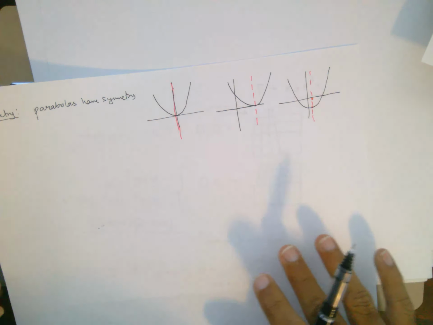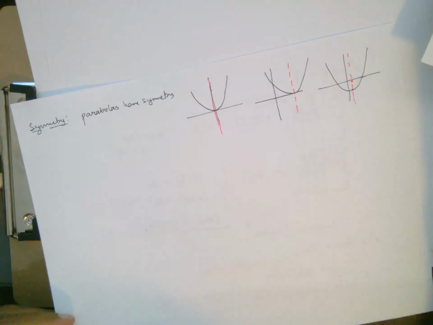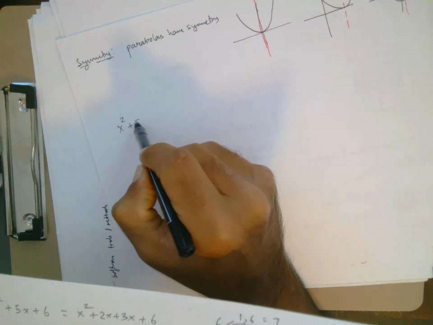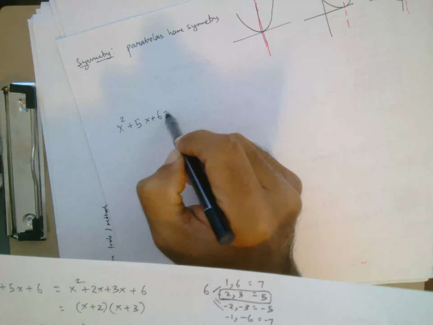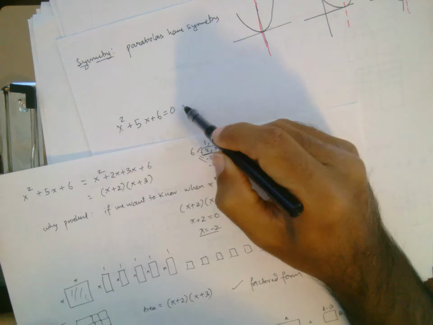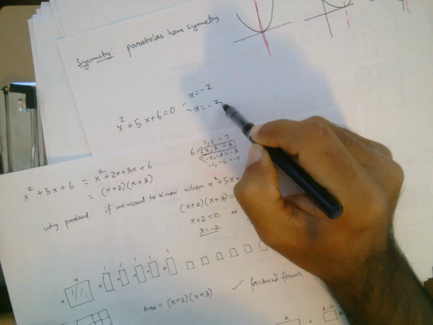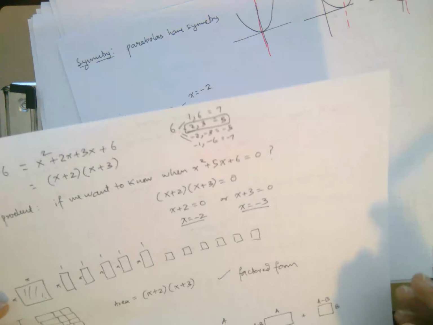Okay. Now let's look at some of the quadratics that we have factored so far. So x squared plus 5x plus 6 equals 0 gave me x equals -2 and x equals -3. What was the next one?